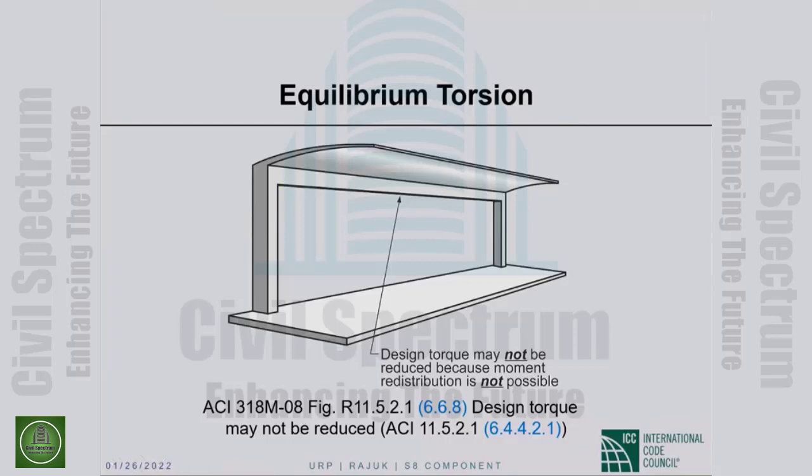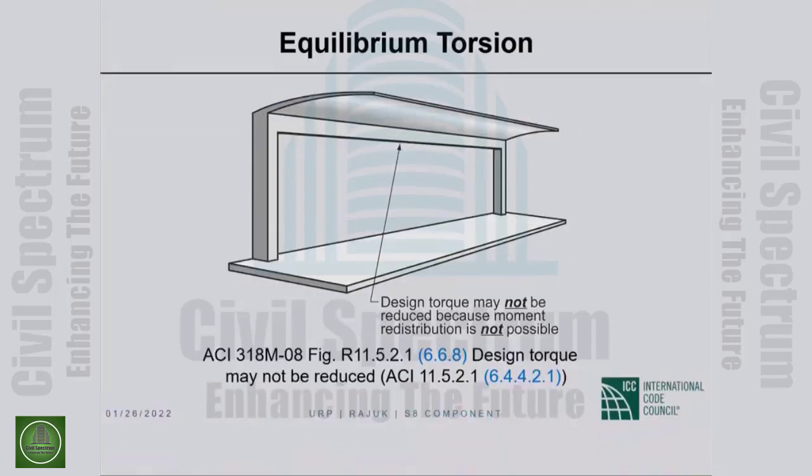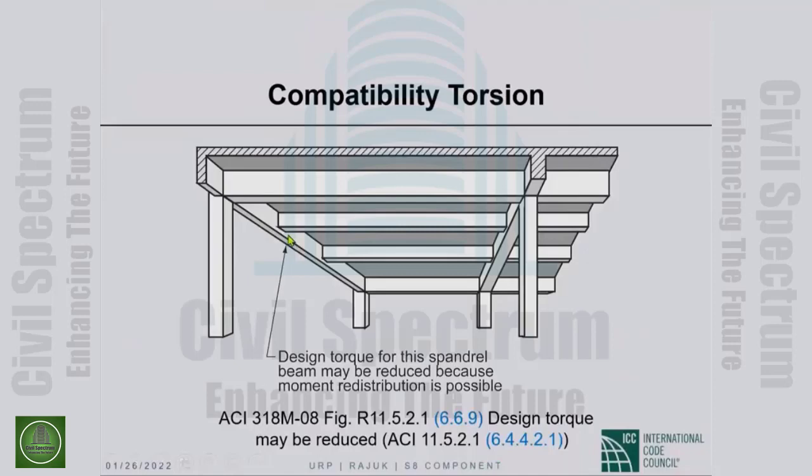Okay. So this is equilibrium torsion, as opposed to this situation where those slabs and beams cause torsion on this spandrel beam. It's very easy to visualize that. Okay, this slab system is loaded with out of plane load, vertical load. That loading causes torsion on this beam.